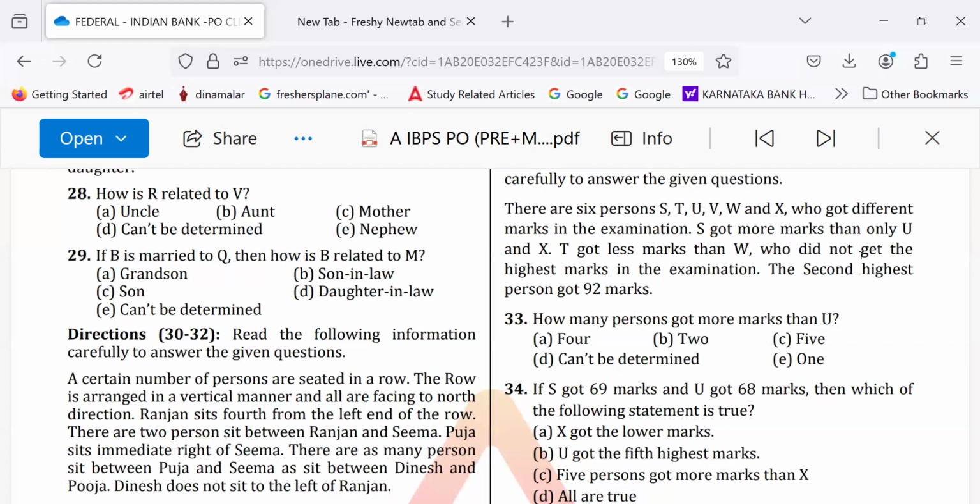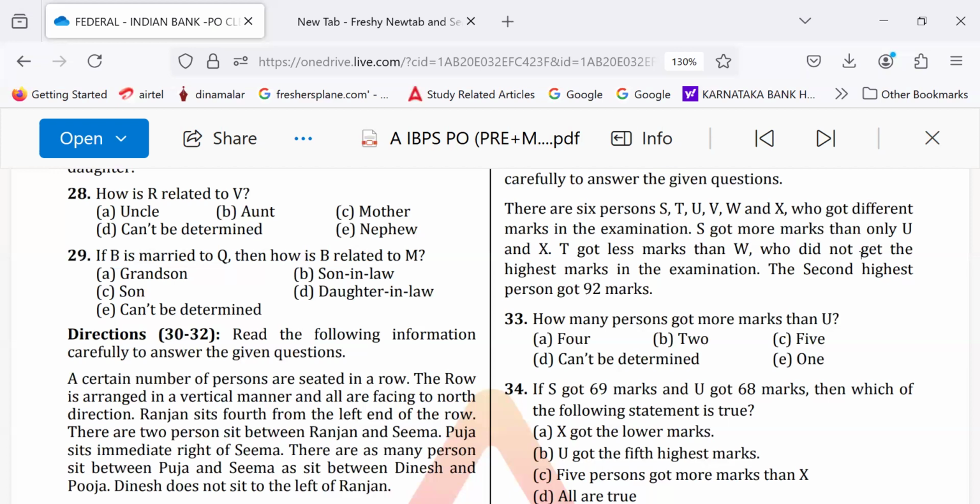S got more marks than U and X. Then T got less marks than W. W did not get the highest rank, that means W is somewhere down only.